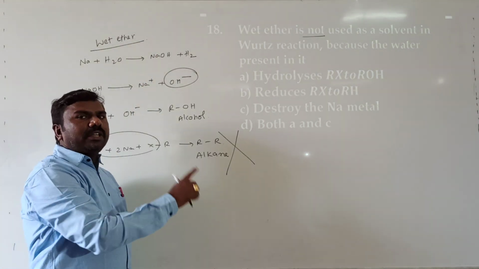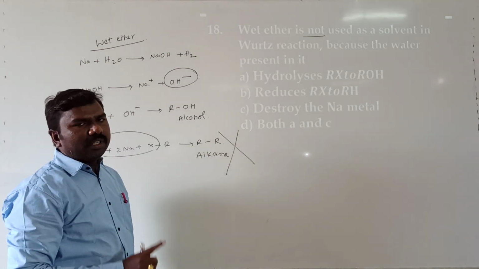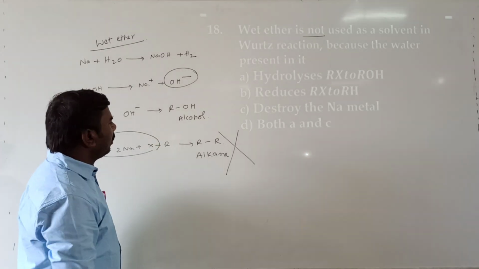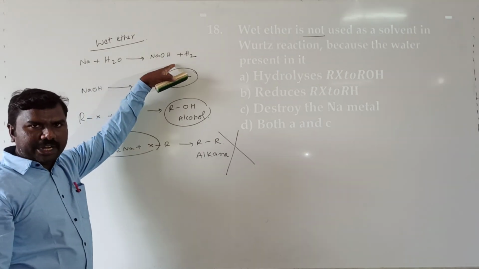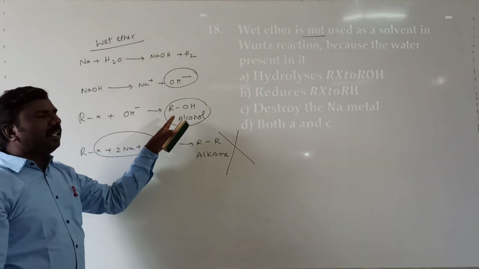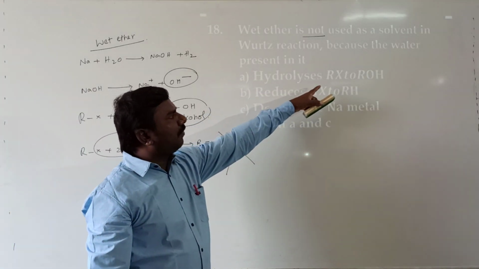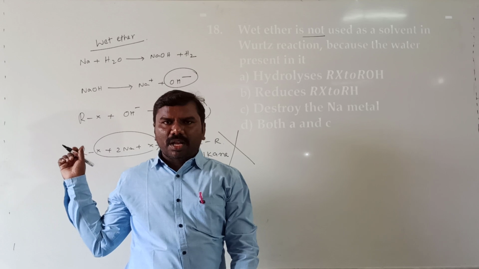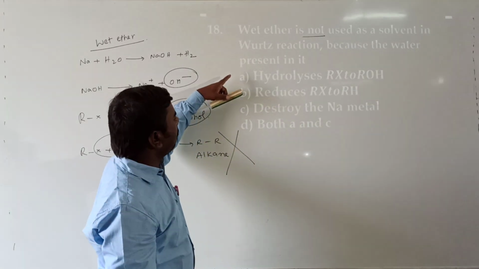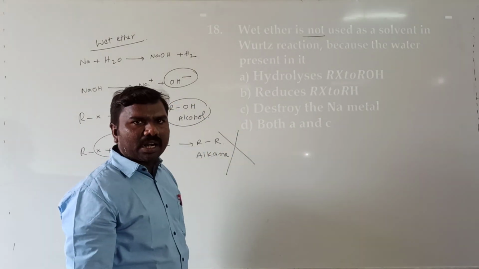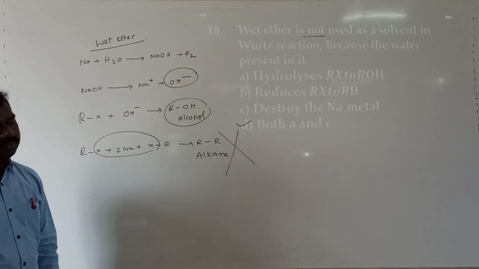Alkane is never formed by taking wet ether. First, sodium will be decomposed into NaOH. Next, alkyl halide is converted into alcohol by hydrolysis, and it destroys the sodium. That's why the answer will be A and C. Both are right options. Next.